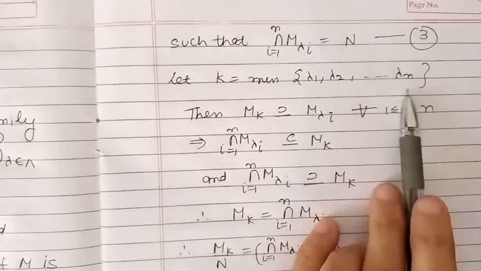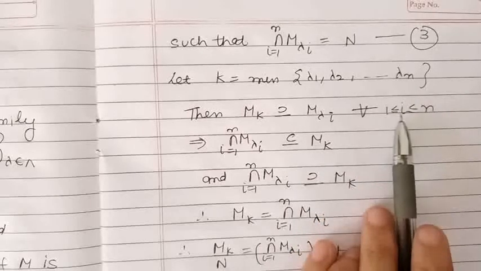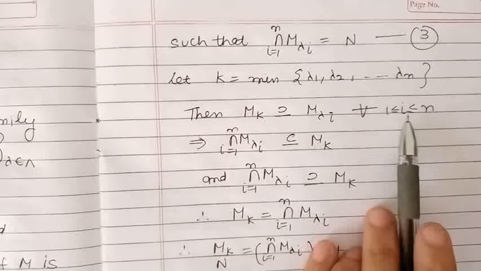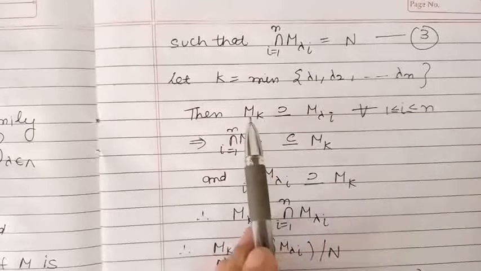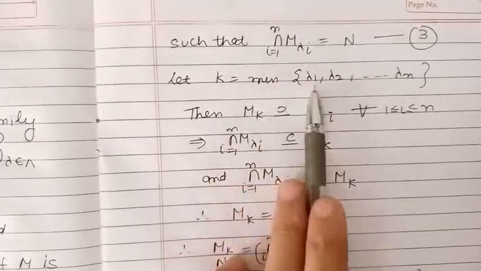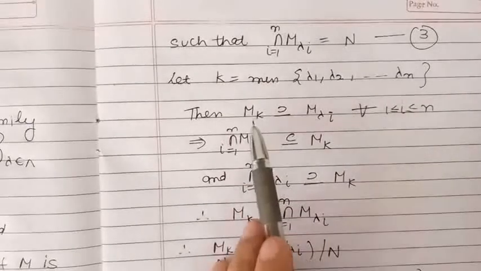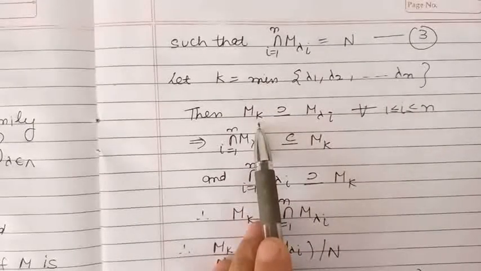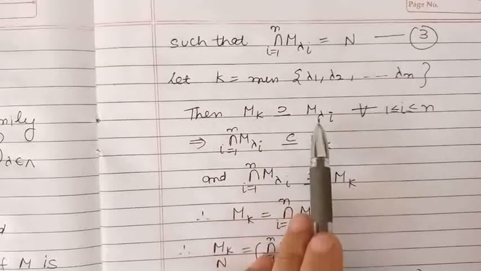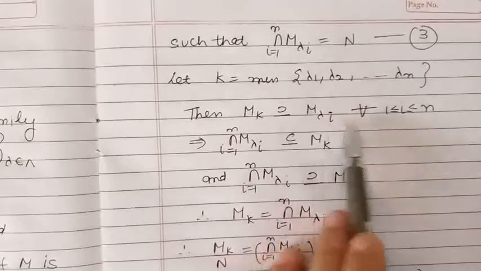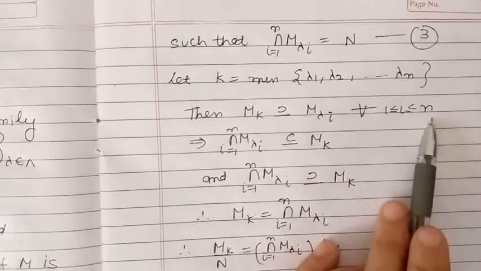Then because we have taken the descending chain of submodules of M, and k is the minimum of all these indexes, the module Mk will be the largest of all these submodules of M. So Mk contains every M lambda i, where i varies from 1 to n.